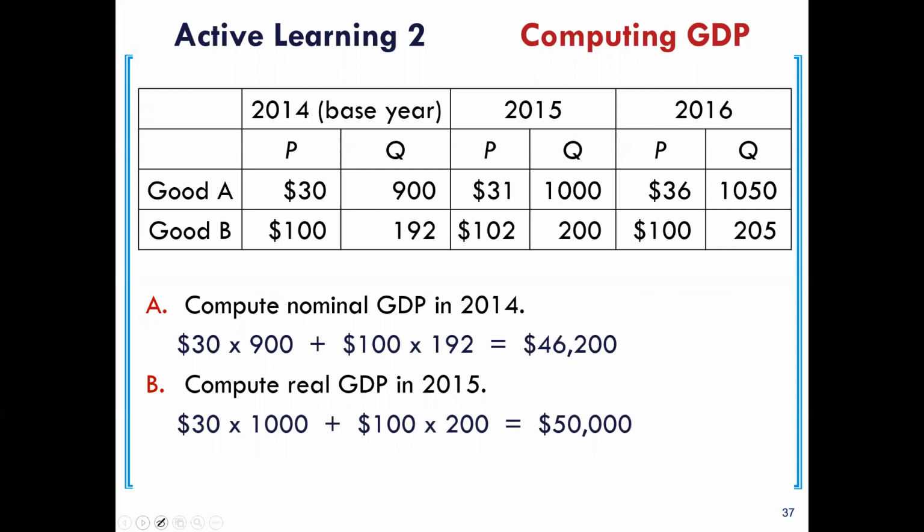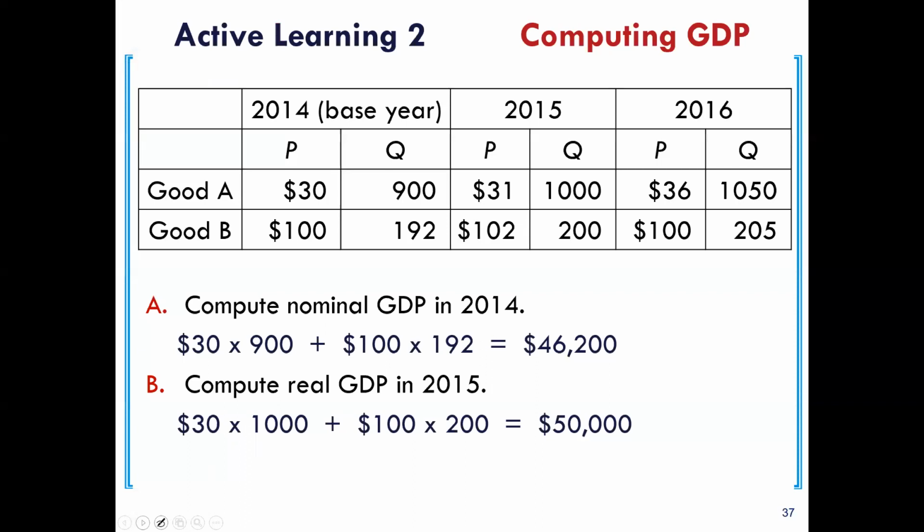Now let's consider the answers to these questions. So for A, in computing the nominal GDP in 2014, we need to find the value of both goods, good A and good B. And we'll find their values by multiplying their quantities by their respective prices.